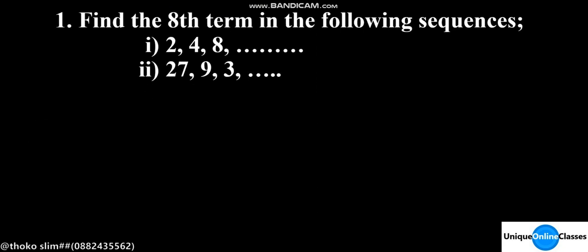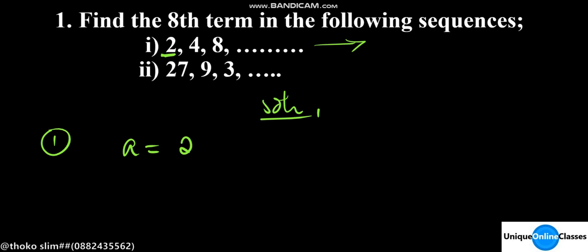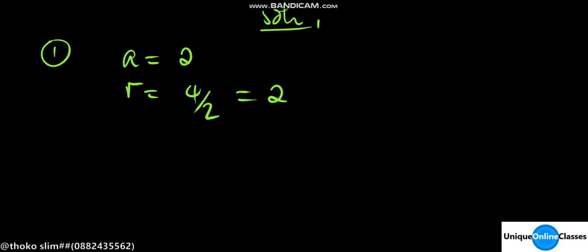Let's start with our first example. Find the 8th term in the following sequences. Starting with 2, 4, 8. Solution for 1: the first term is 2, as you can see, and to find r we divide the next term by the previous term, so it's 4 over 2, which is 2. Now we find term number 8 using the nth term formula a r to the power n minus 1.